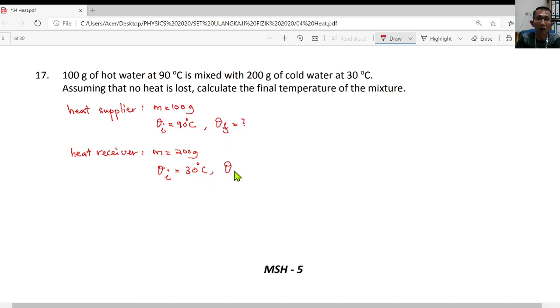This one also I don't know my final temperature, but these two final temperatures must be the same. All right, so what happened to this temperature? It will decrease, right? And here definitely it will increase. All right, so the heat supplied must equal the heat received.